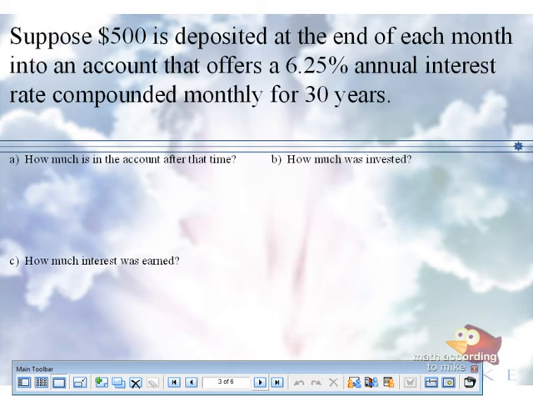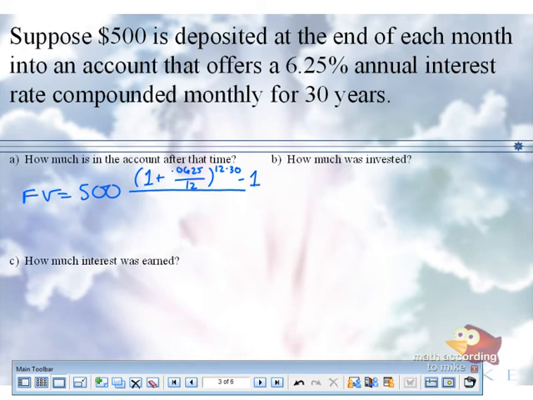So for part A, FV equals, what is the payment? 500, times the fraction, 1 plus I, which is 0.0625 over 12, raised to the N. Remember, N is the number of payment periods total, 12 times 30.